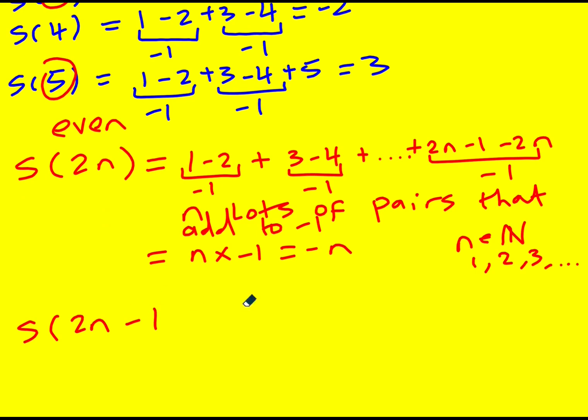Right, let's have a little look at S of 2n minus 1. I'm going to put a minus 1 here because I'm again going to consider n being a counting number. So this will work for S of 1.